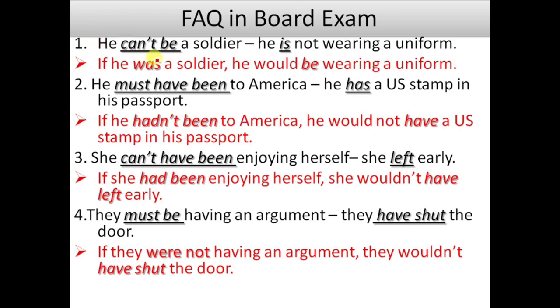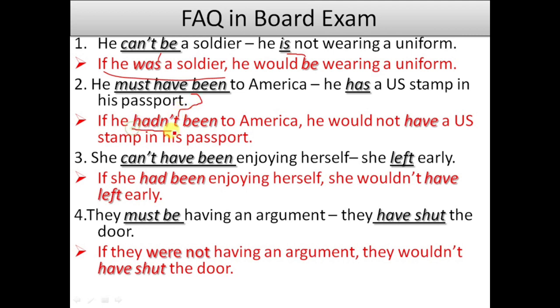Question number 1. He can't be a soldier because he is not wearing a uniform. See here, can't be, it should be changed into was. So if he was a soldier, he would be wearing a uniform. He must have been to America because he has a US stamp in his passport. See here, must have been, must have plus V3, it should be changed into had not plus V3.